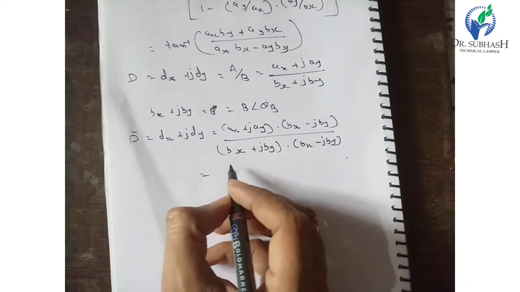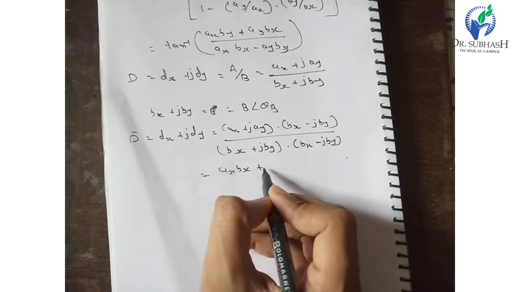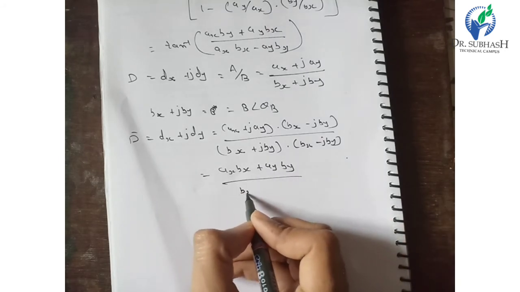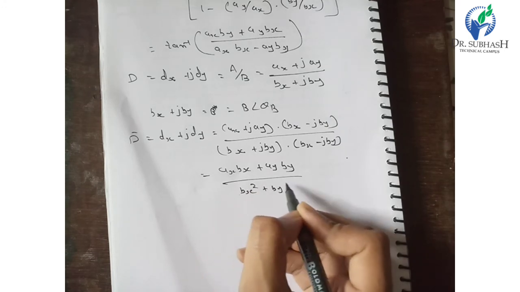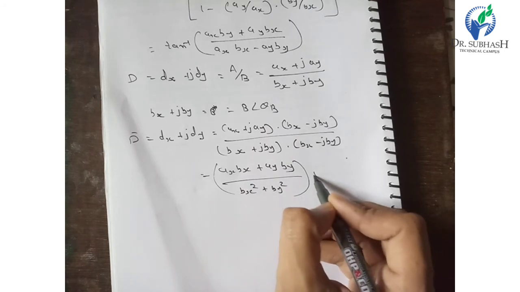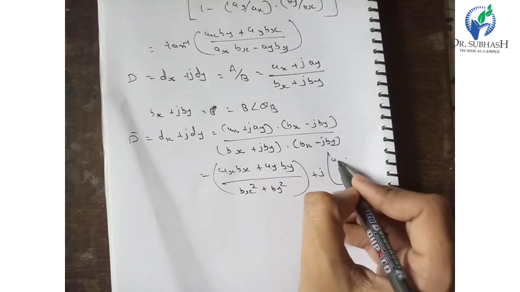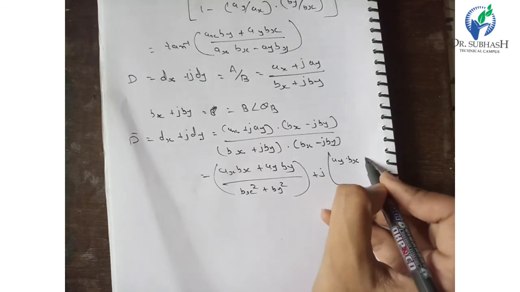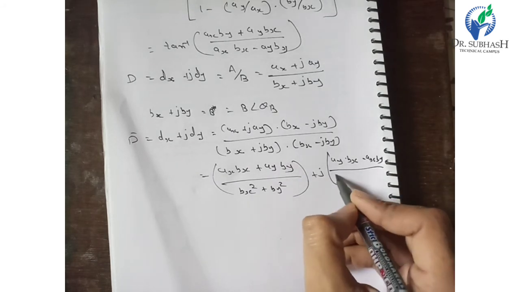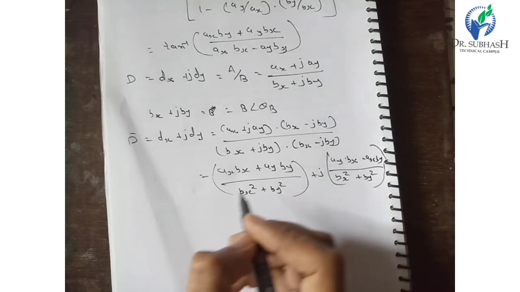So the value of the real part is AX into BX plus AY into BY upon BX square plus BY square, and for the imaginary part the value is j into AY into BX minus AX into BY upon BX square plus BY square.